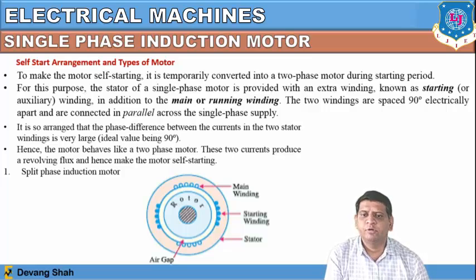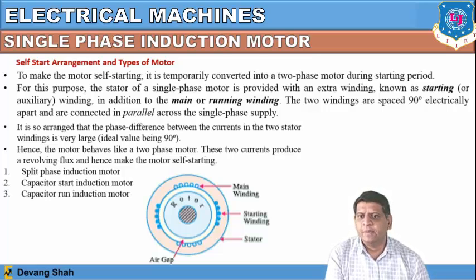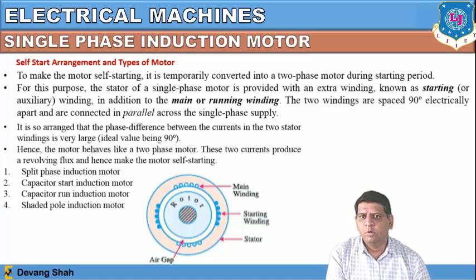One type is the split phase induction motor. Another is the capacitor start induction motor, then the capacitor run induction motor, and finally the shaded pole induction motor. Let us discuss them one by one.